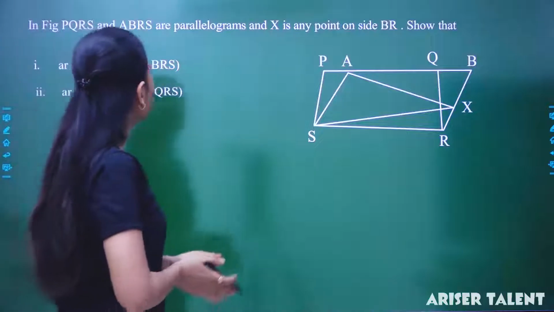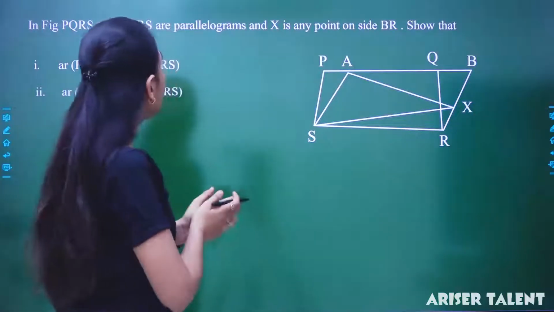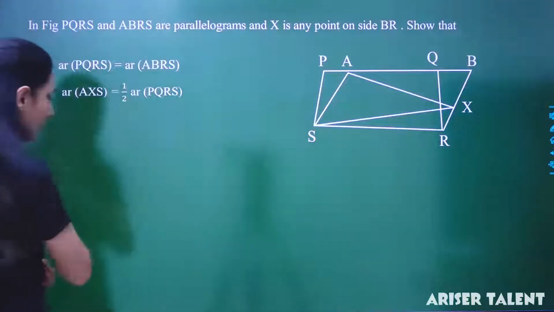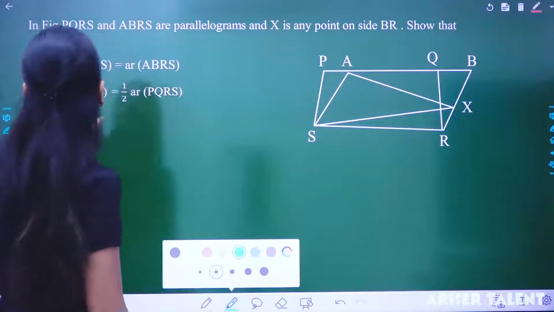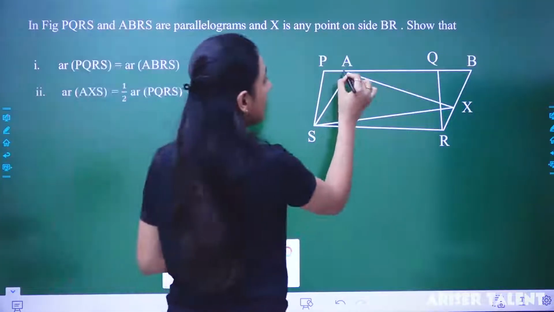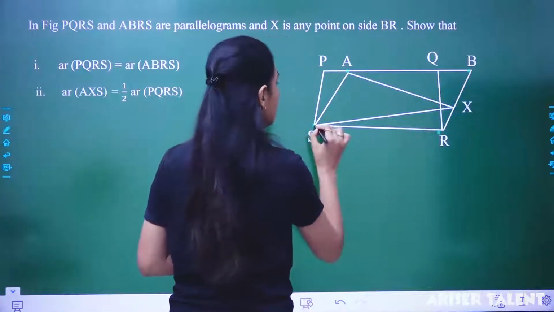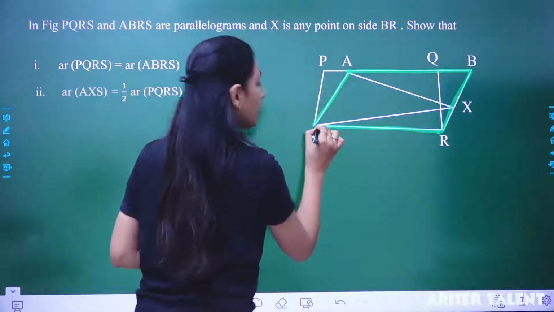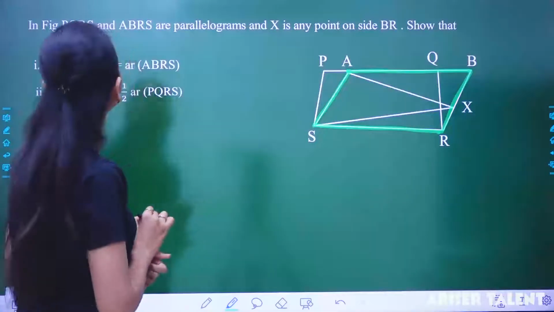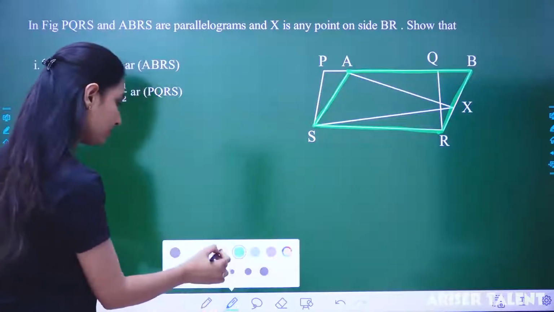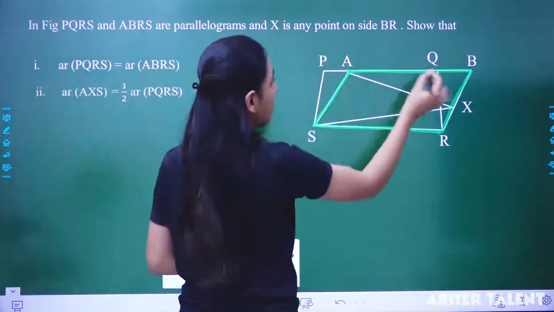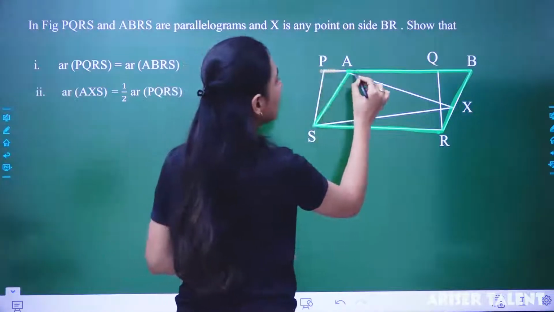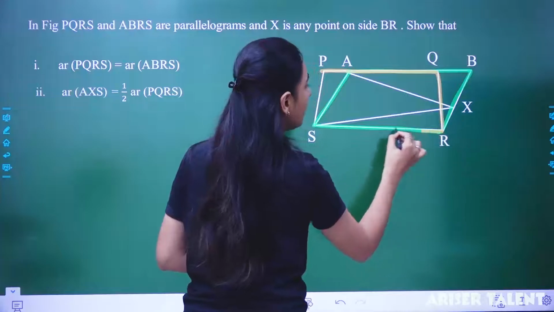In the figure, PQRS and ABRS are two parallelograms which are given. ABRS is a parallelogram, okay students, and the second parallelogram is PQRS.